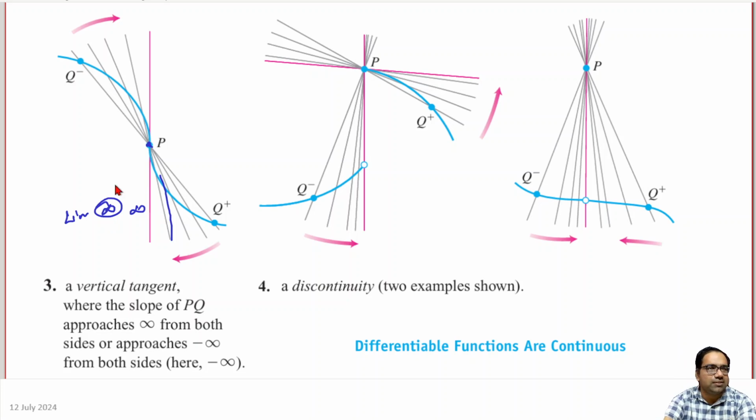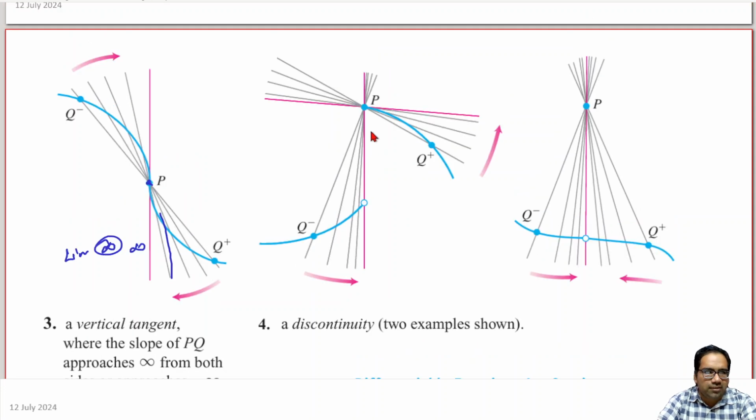Just for understanding how the graph behaves, we show it as plus infinity or minus infinity. So in this case also, if we get a graph like this, then at this point it is not differentiable, so the derivative doesn't exist here also.